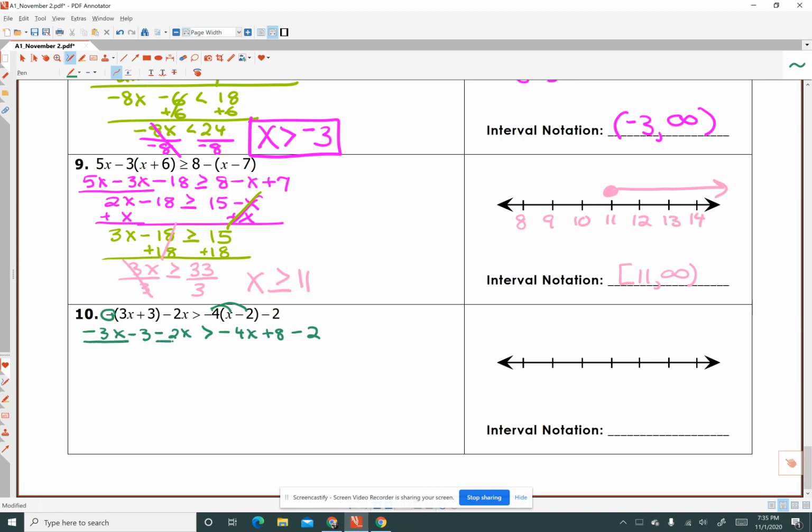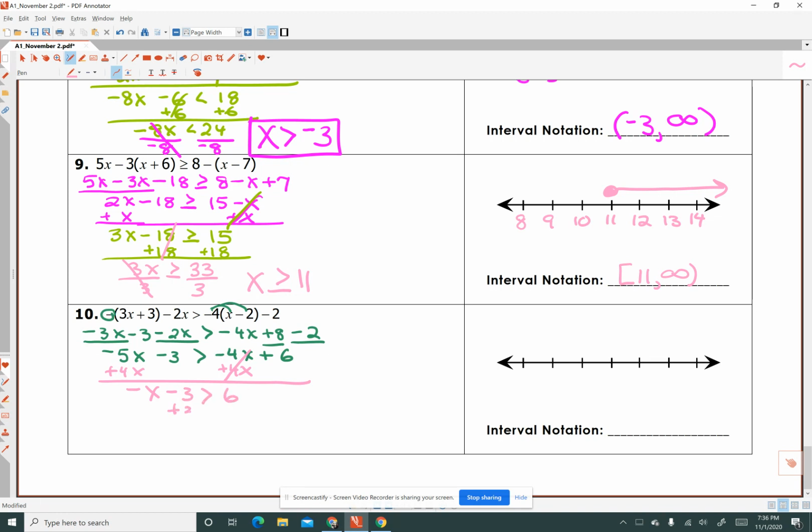Negative 3x minus 2x can combine for a negative 5x minus 3 is less than, we've got negative 4x, and we're going to combine the 8 minus 2, which will give us a positive 6. I think we will add 4x to both sides in our next step, which gives us negative 1x minus 3 is greater than 6.